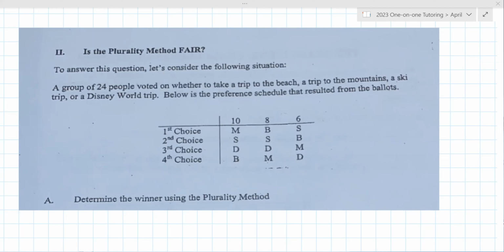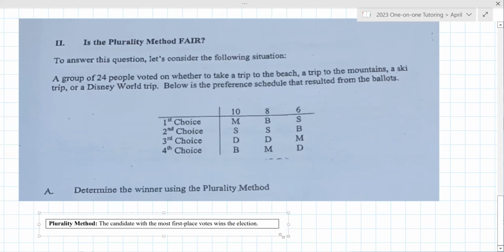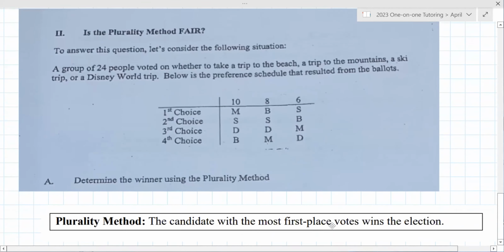Plurality with elimination, we're not doing that. We're just doing plurality. The plurality candidate with the most. Okay, this is pretty straightforward. Here is the explanation: the candidate with the most first place votes wins.